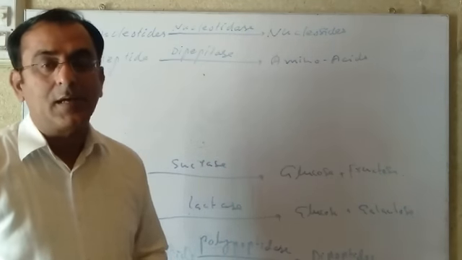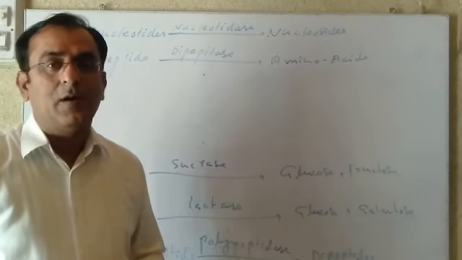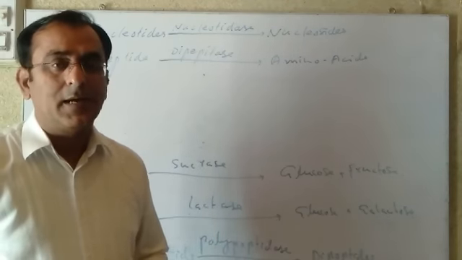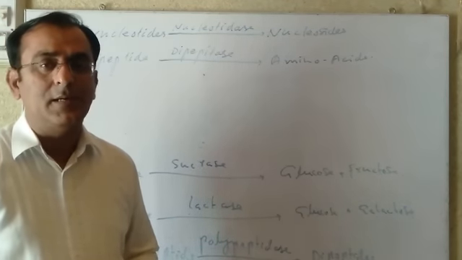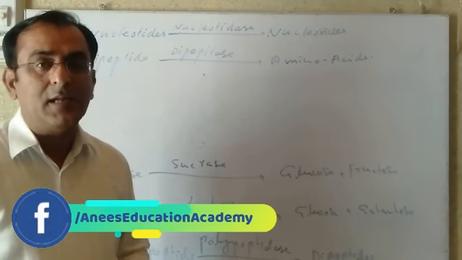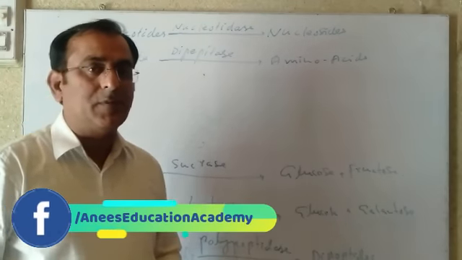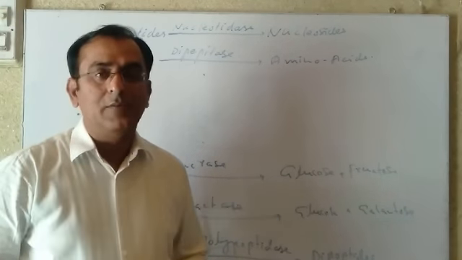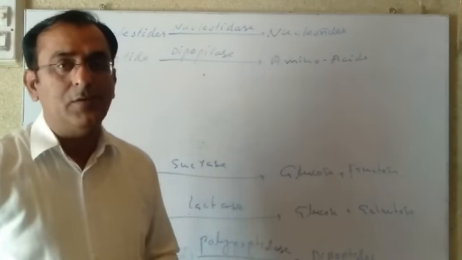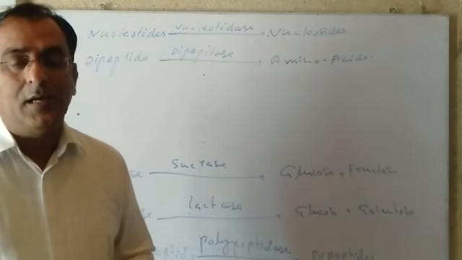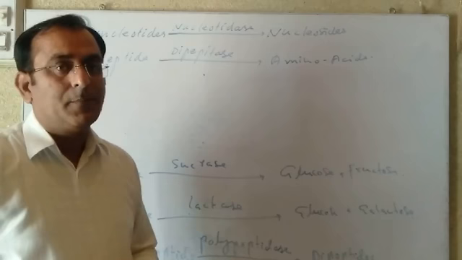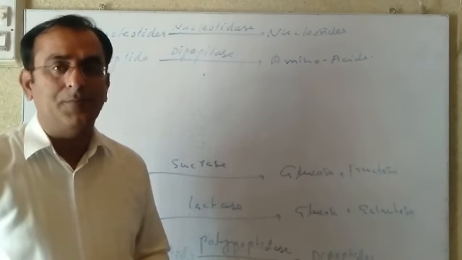These villi increase the surface area for the absorption of digested nutrients into the blood stream. In the next lecture, we will discuss how these villi absorb the nutrients and in which part of the villi a particular component of food is absorbed.